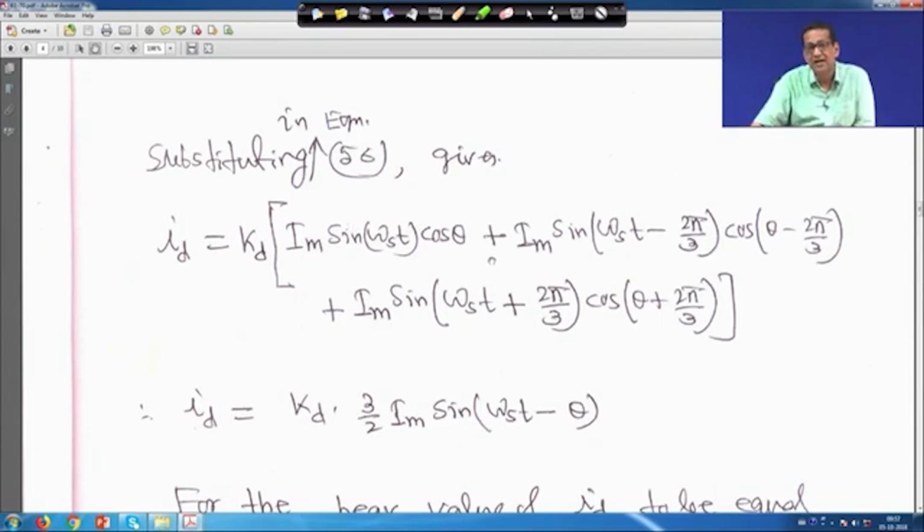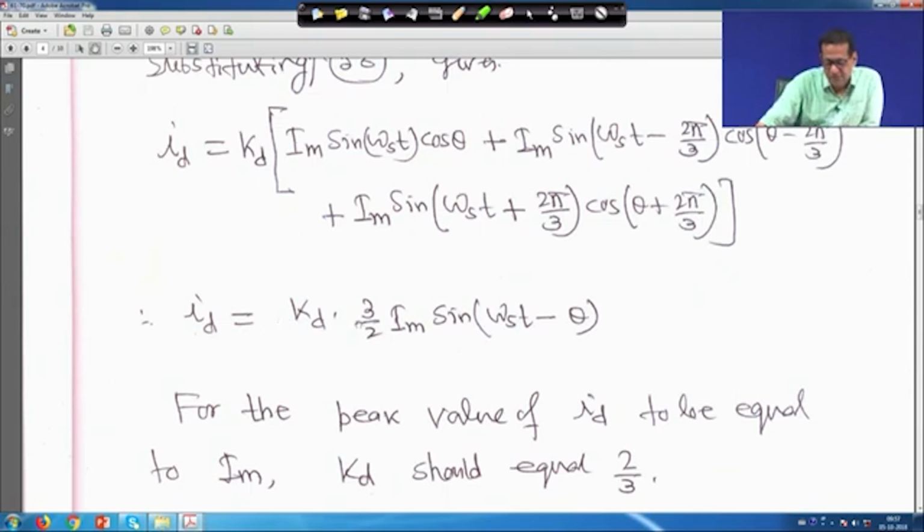And if you simplify using trigonometric identities, you will find id is equal to kd into 3 by 2 Im sin(omega s t minus theta).